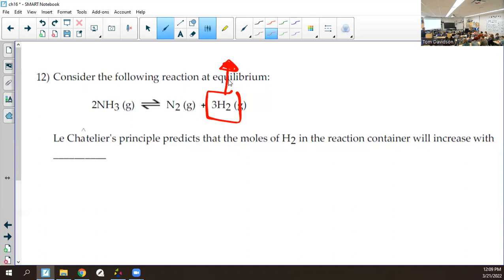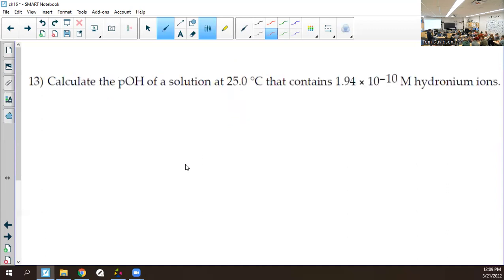It doesn't say whether this is endo or exothermic. You may know that the way it's written is endothermic, because we've been dealing with the Haber process the whole time, but it was reversed. We were making NH3, this is the reverse. I like it, but see if you can do this.